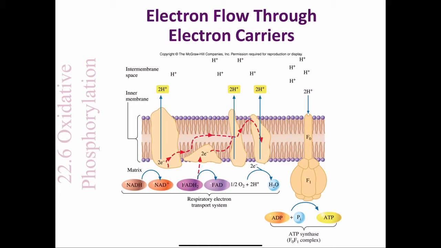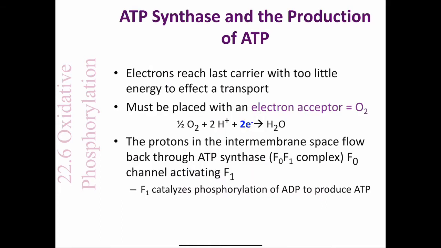It is this energy that is used to transport protons across the inner mitochondrial membrane and into the proton reservoir. As mentioned earlier, FADH2 donates its electrons to a carrier of lower energy and fewer protons are pumped into the reservoir. Finally, the electrons arrive at the last carrier. They now have too little energy to accomplish any more work, but they must be donated to some final electron acceptor so that the electron transport system can continue to function.